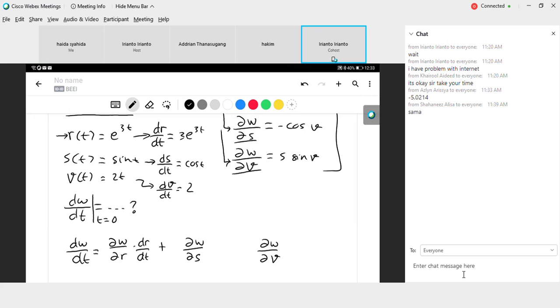Plus, I want to remove ds, so multiply with ds dt. Plus, I want to remove the v, dv dt. This is called the multi-variable chain rule.